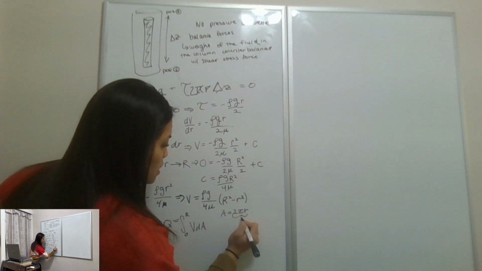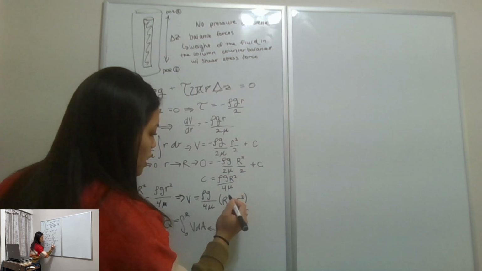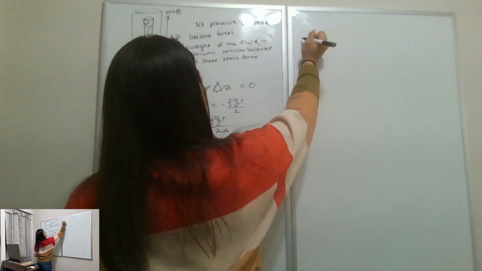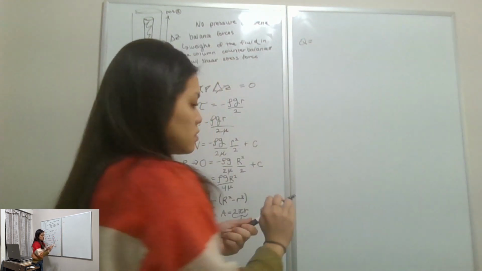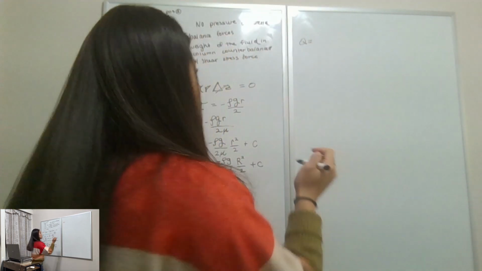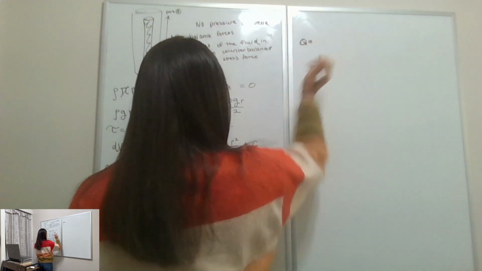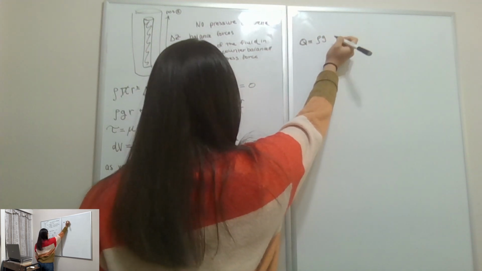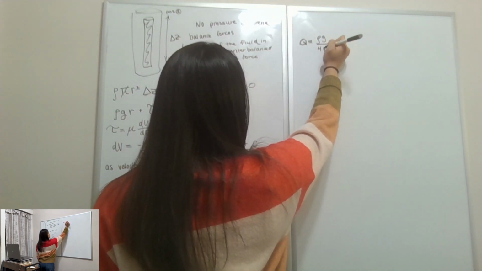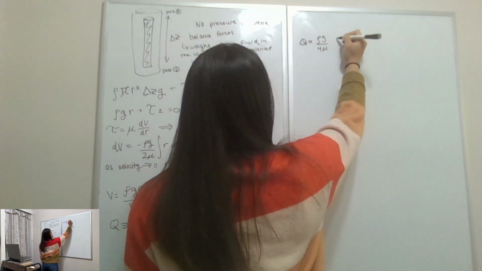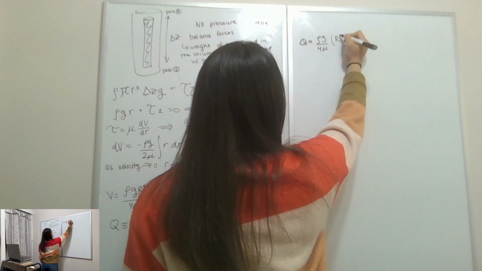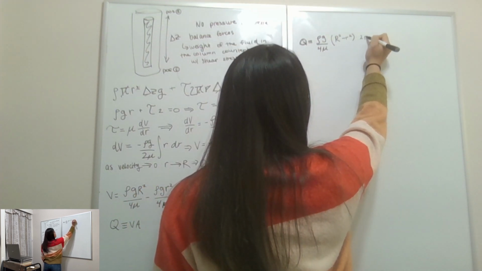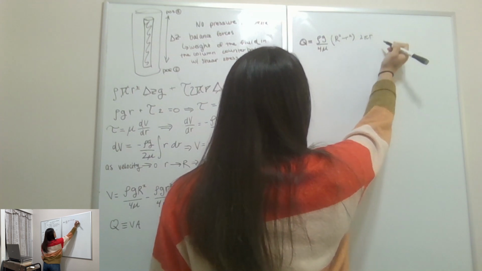So plugging this in for area and plugging this in for the velocity, we're going to have the flow rate is equal to the density times the gravitational acceleration divided by 4 times the viscosity times the quantity of the outer radius squared minus the radius squared, times 2 times pi times the radius.